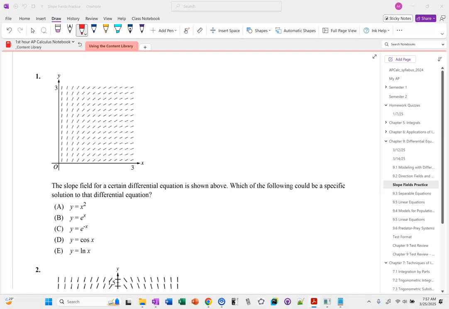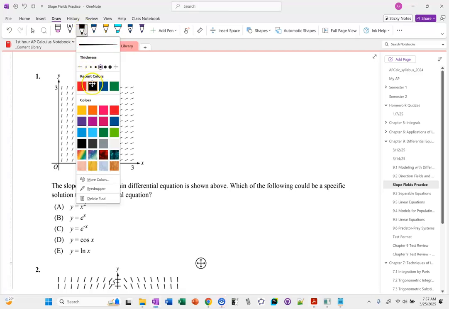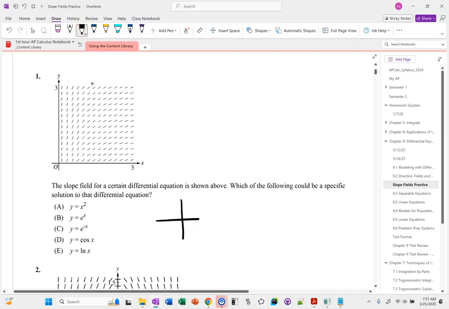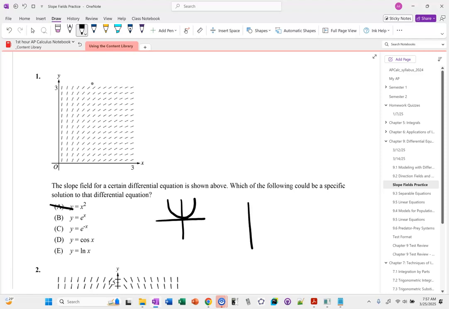So I'm going to rely on what I know from Algebra 2 and pre-calculus about the shape of these graphs. So I know that y equals x squared would look like this. That doesn't fit at all, right? E to the x would look like this.